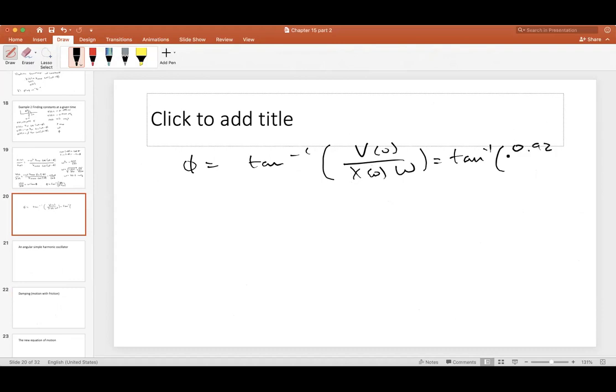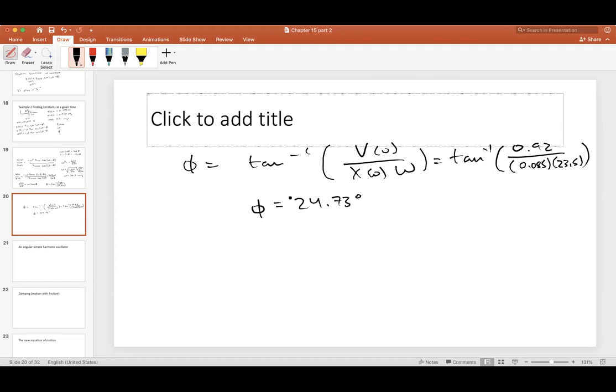So this is arctan of 0.92 divided by 23.5 times 0.085. I get 24.73 degrees. If you're following in your book, it also gets 24.73 degrees, except it gets it, I believe, as a negative number.